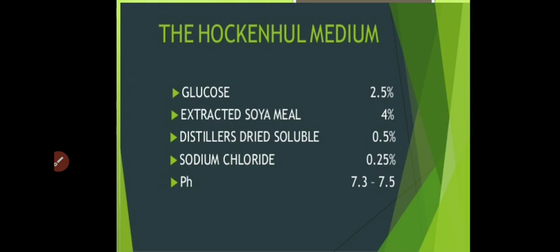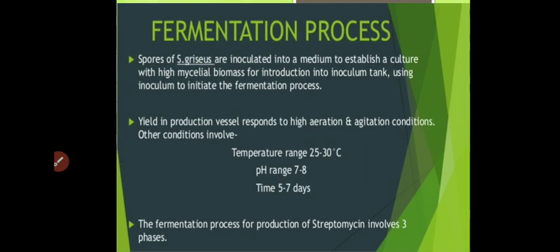Once a proper medium is designed and inoculum is developed, we start with the fermentation process. The medium is added in the fermentation tank. After the addition, it is properly sterilized, and then spores of Streptomyces griseus are inoculated into the medium to establish a culture with high mycelial biomass for introduction into the inoculum tank.